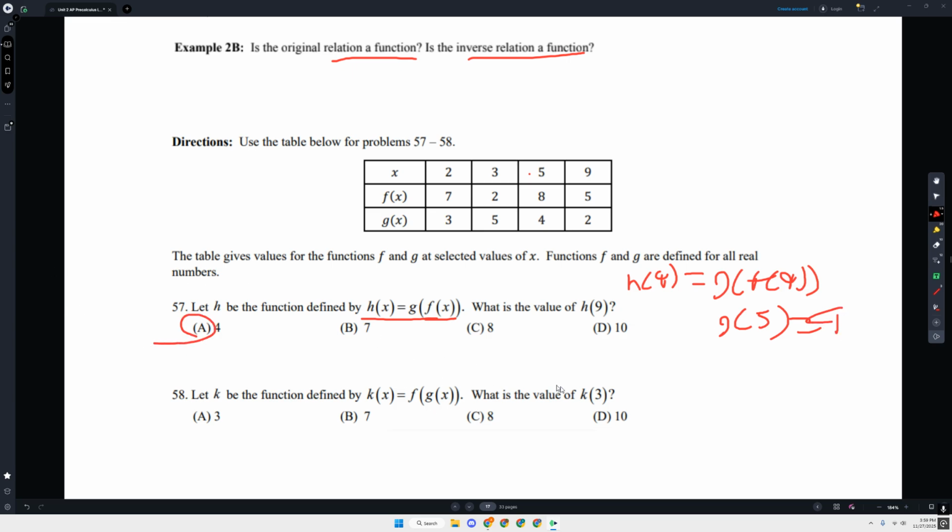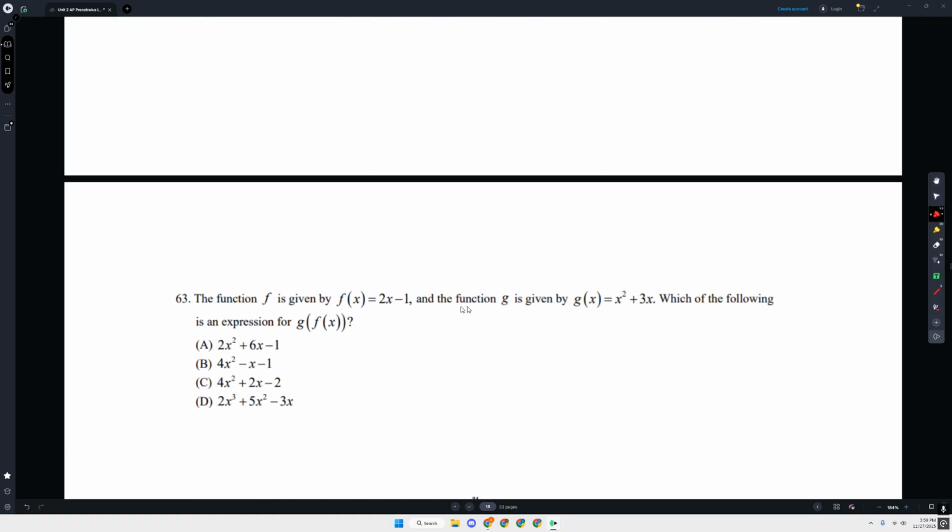From there, we're saying k of 3. So k of 3 is equal to f of g of 3. G of 3 would be 5. And f of 5 would be 8. And then from there, we're doing some composition of functions.